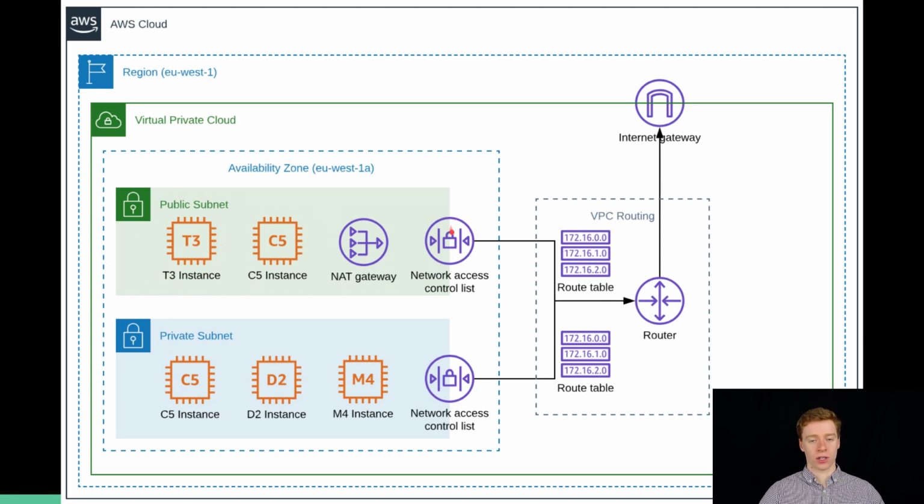If it's permitted to go through that, then it will, and then it's going to have a look at the route table. Route table is going to say, okay, any traffic for 0.0.0.0/0, so basically any, and if it hasn't matched anything before that, I'm going to send to the internet gateway.